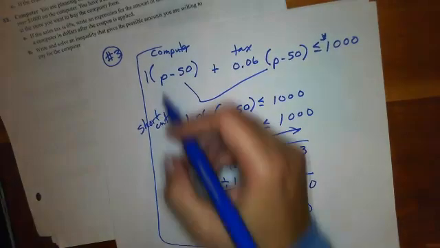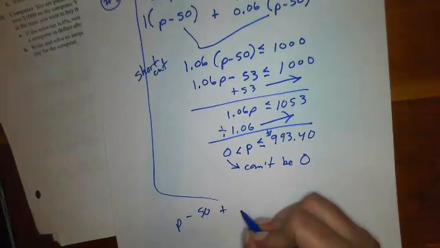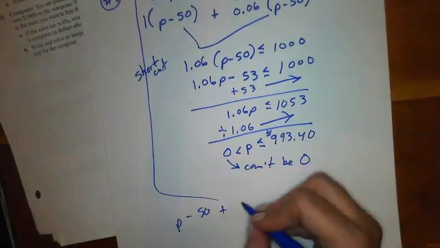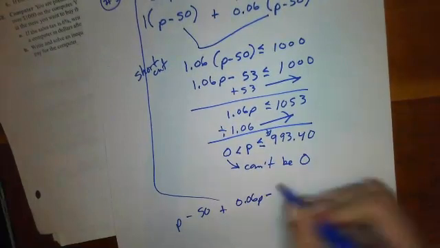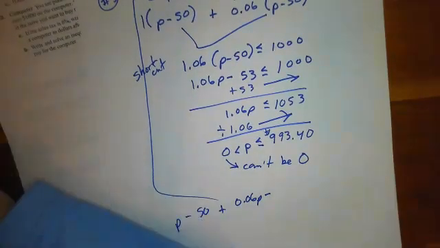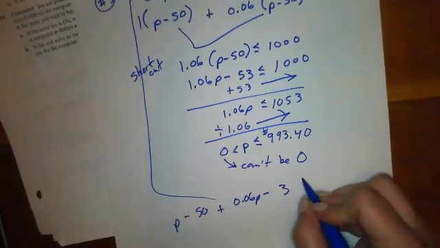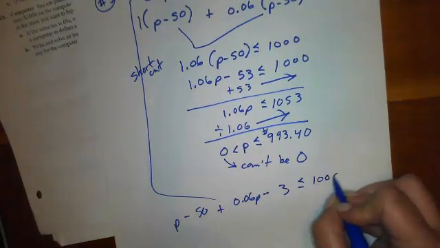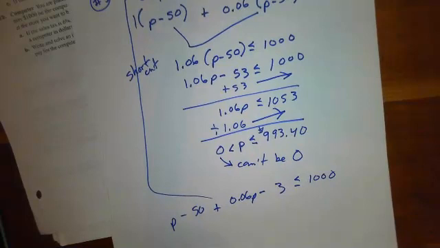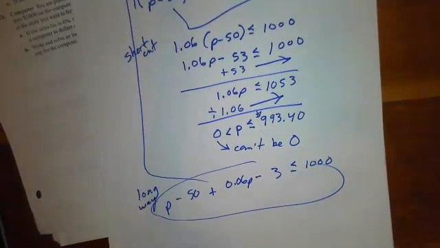But if you didn't get that, you could absolutely do P minus 50 and then plus 0.06P minus and distribute that. 50 times 0.06 is 3, I think. Yeah. Minus 3 is less than or equal to 1,000, etc. And you will get the same answer, okay? But so that's the long way. Okay, I hope that helps, and you can go ahead and get started on your practice problems.